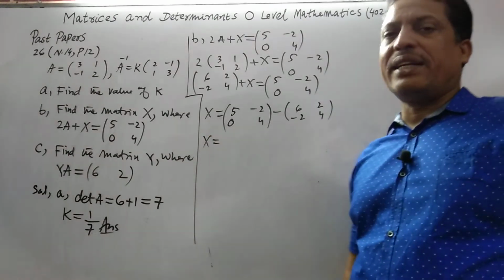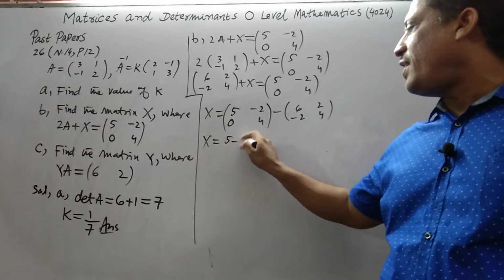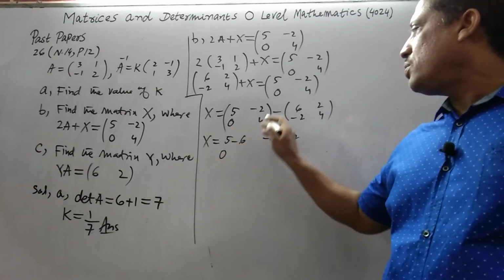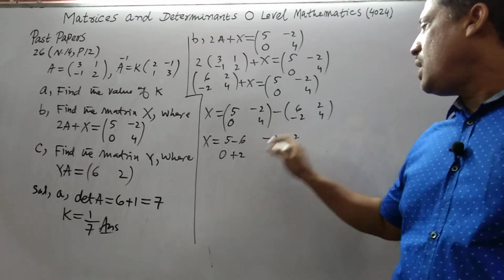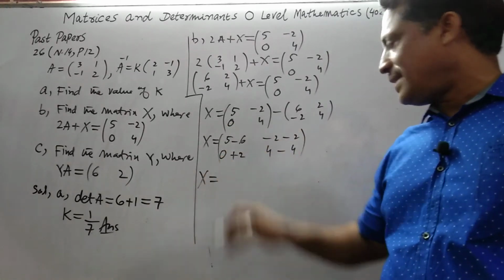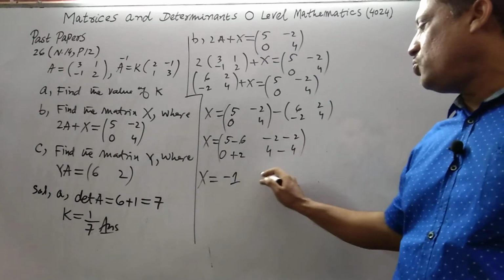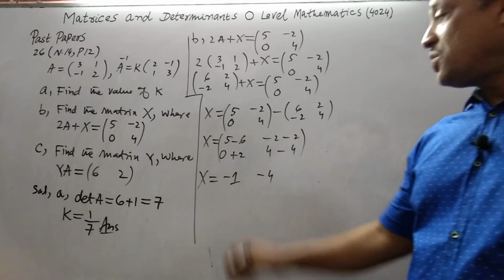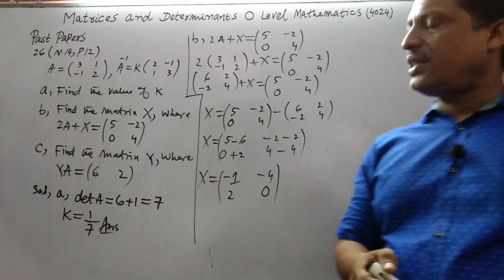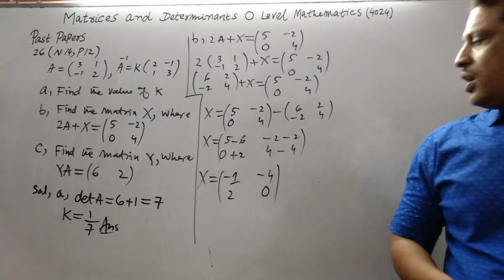Again, subtract the corresponding elements. 5 minus 6, minus 2 minus 2, 0 minus minus 2 which is plus 2, and 4 minus 4. Hence the matrix X equals: 5 minus 6 is minus 1, minus 2 minus 2 is minus 4, 0 plus 2 is 2, and 4 minus 4 is 0.